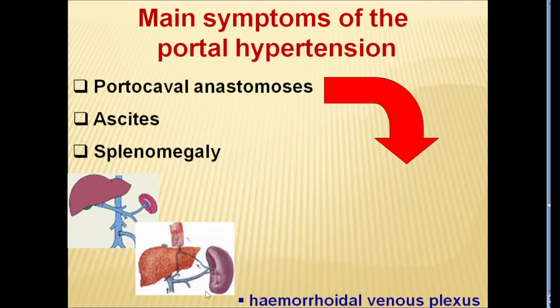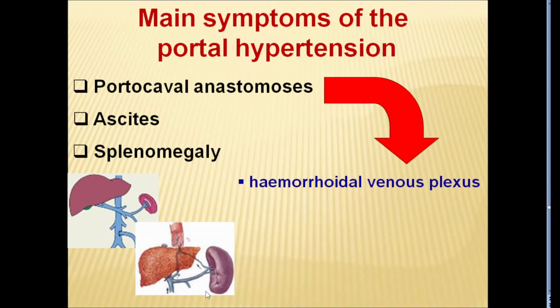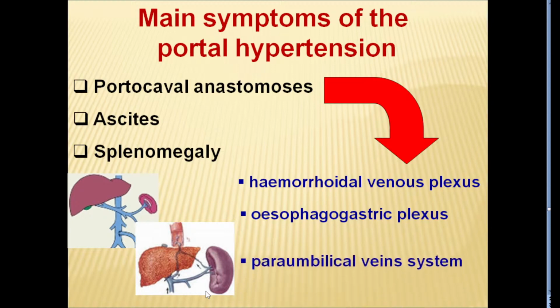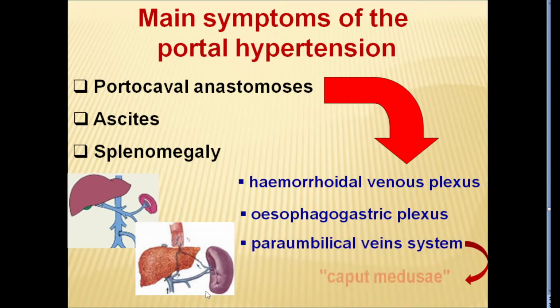If we are talking about porta-caval anastomoses, because blood goes bypassing the portal vein, we are talking about formation of pathological plexuses: first of all, the lower porta-caval anastomosis with formation of the hemorrhoidal venous plexus, the upper porta-caval anastomosis with formation of the esophagogastric plexus, and cava-caval anastomosis with dilation of the paraumbilical vein system and formation of the specific visible symptom caput medusae.